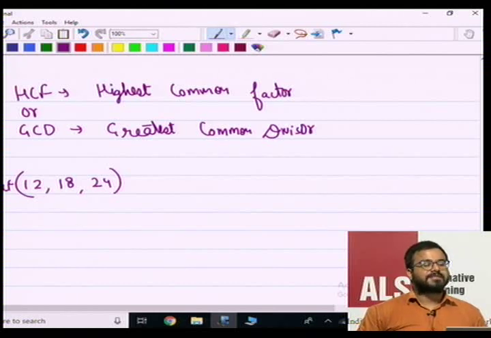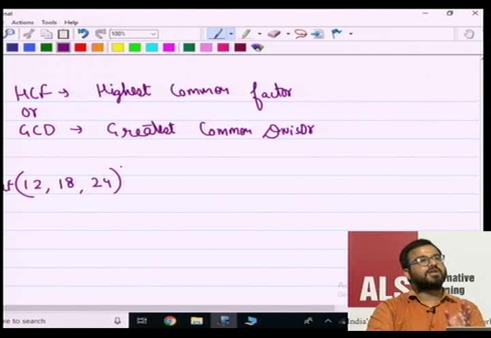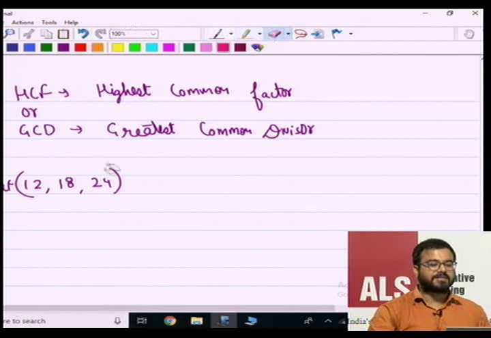Right? So 6 is the HCF, the largest number which is common to all of them and divides all of them. But how can we use the Euclid division algorithm to find the HCF? There are certain steps.